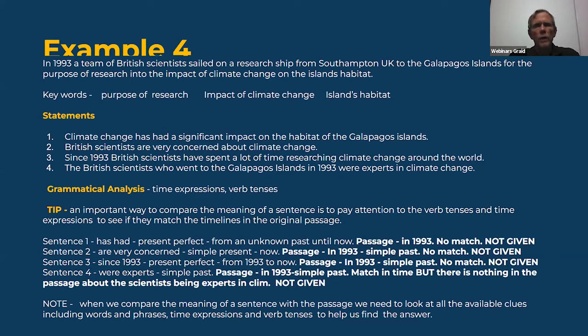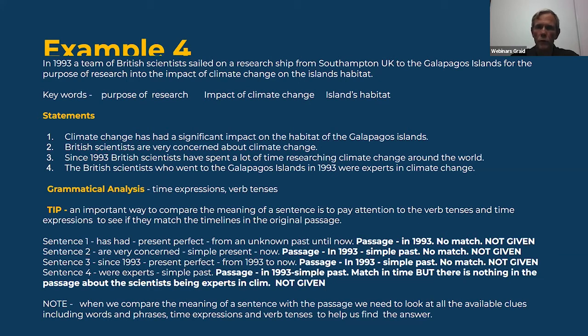Now, if we look at the third example, it says, since 1993, British scientists have spent a lot of time researching climate change around the world. Now, we have since 1993. Once again, this time expression is present perfect. It's from 1993 to now. Okay, so that's a period of time.